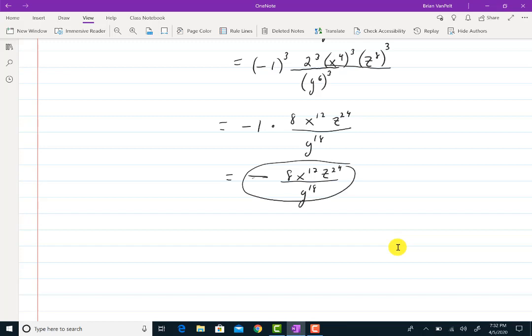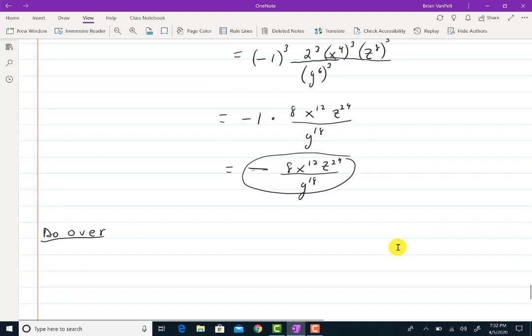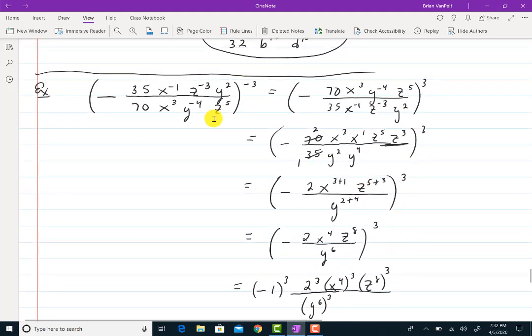There's more than one way to do one of these problems. That's one of the issues that arises here. Why am I showing you another way? Well, some of my students appreciate it.